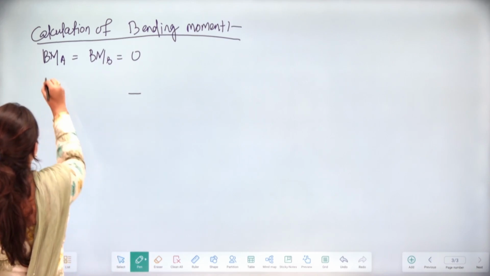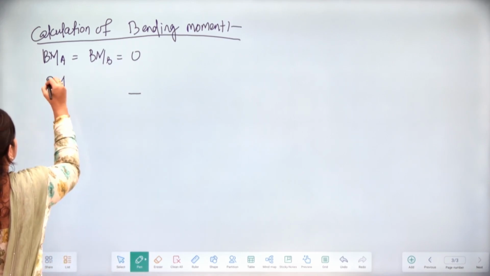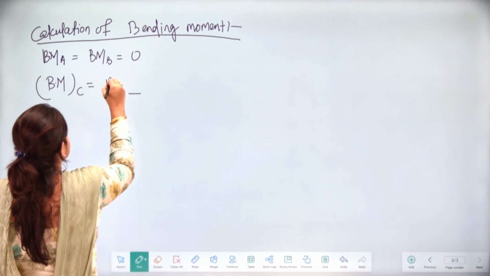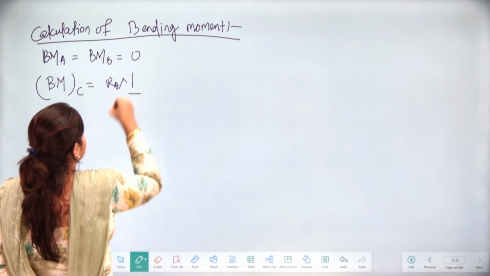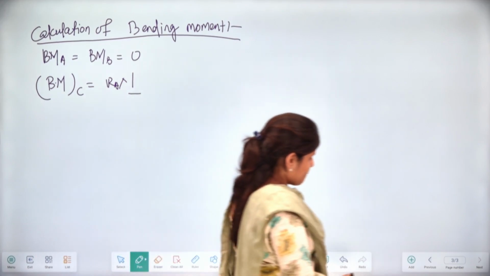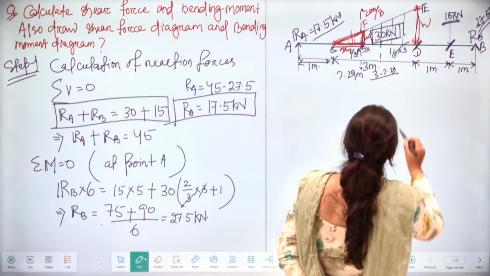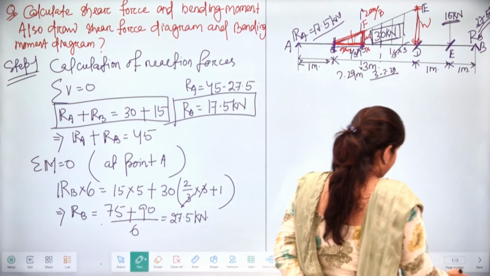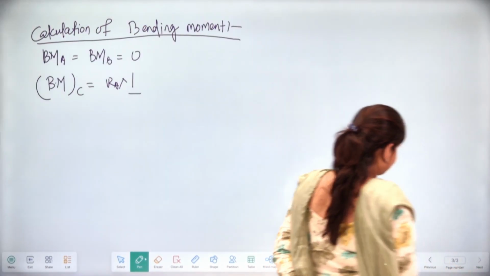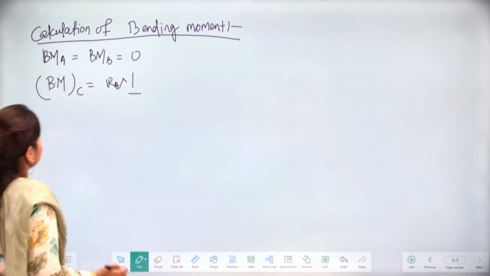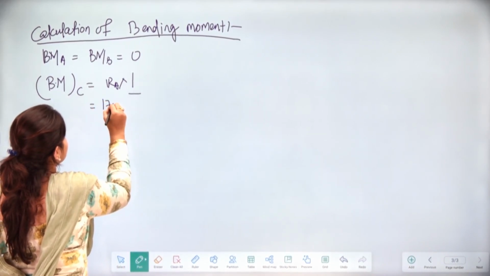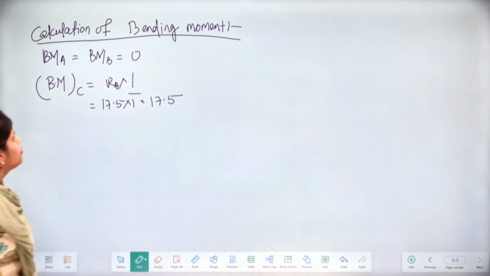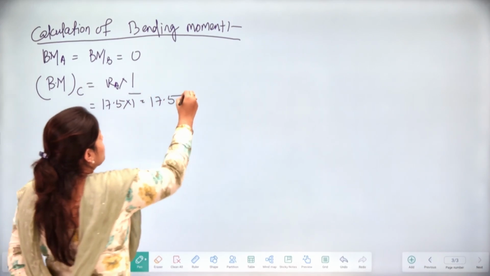Next, bending moment at C is going to be the reaction force RA multiplied with 1. RA is 17.5 into 1, that is 17.5 kilonewton meter.